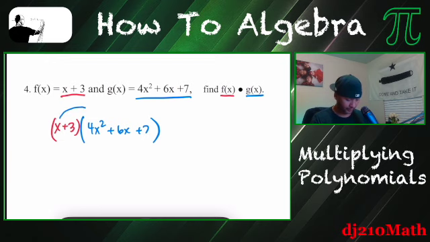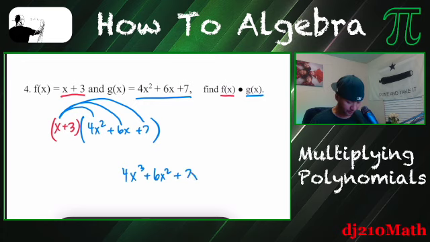All right, everything in the first times everything in the second. So this is going to be 4x cubed. 6 times x is 6x squared, times 7, so 7x. 3 times 4 plus 12x squared. 3 times 6 plus 18x. 3 times 7 plus 21.